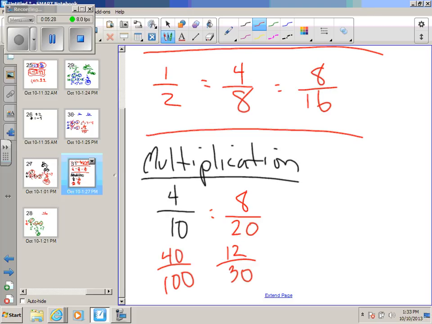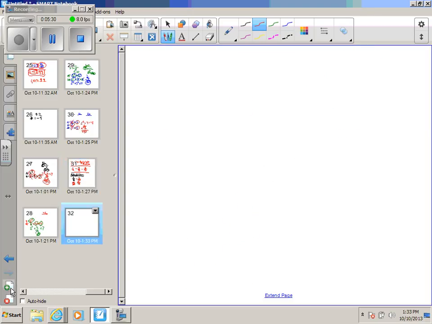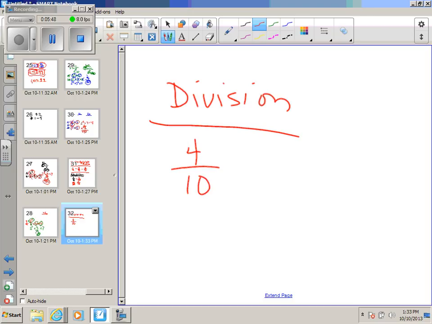The other way is by division. Division is a little more challenging of the two. Not that it's impossible, but a little bit more challenging. If I keep that same fraction, 4/10, can I pick whatever number I want to divide the numerator and denominator by?